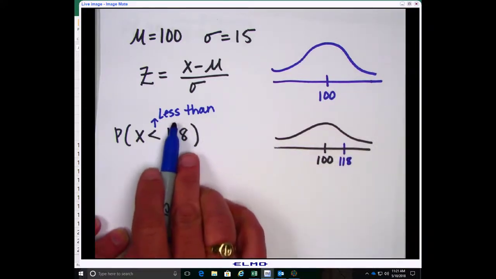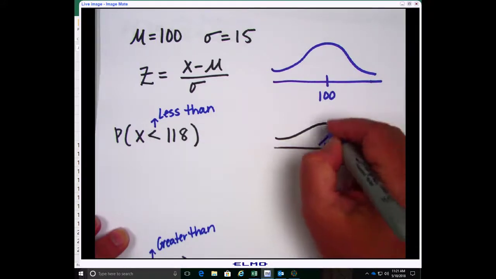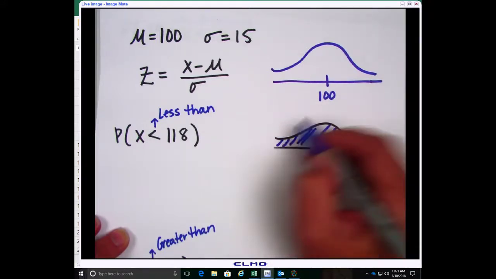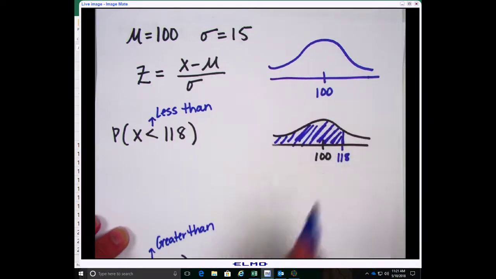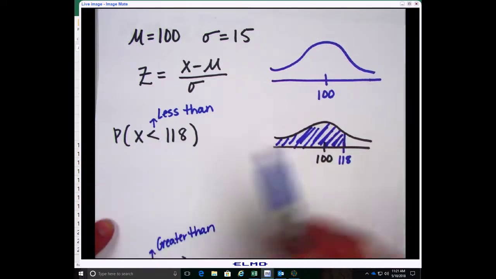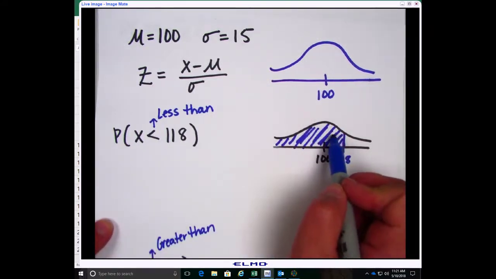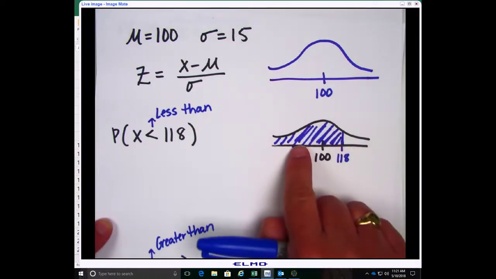And if I'm calculating a value less than that, then I need to know the probability that it's in this area of the curve. Now remember, the probability of less than 118 is also the same thing as the area underneath the curve that is less than 118.